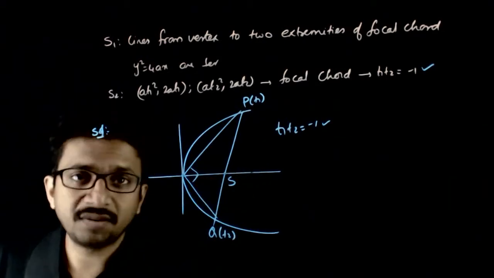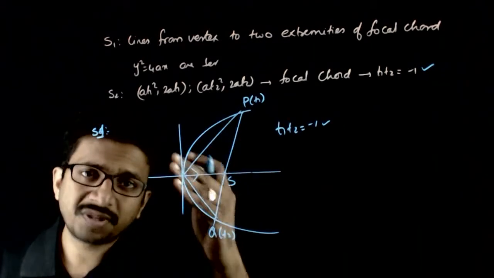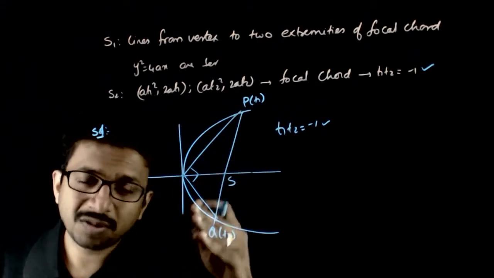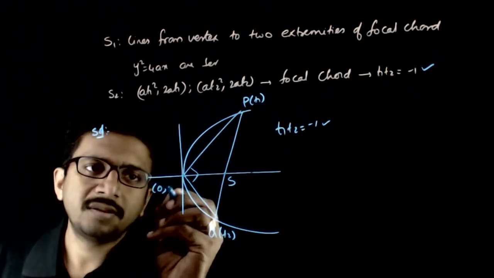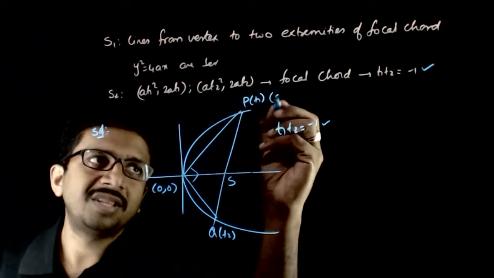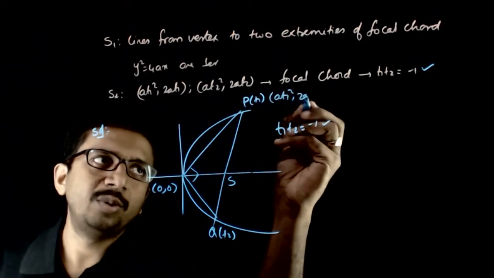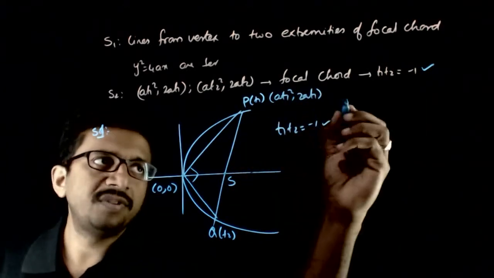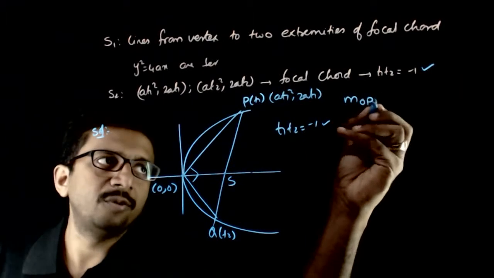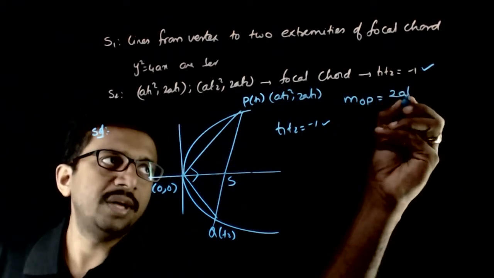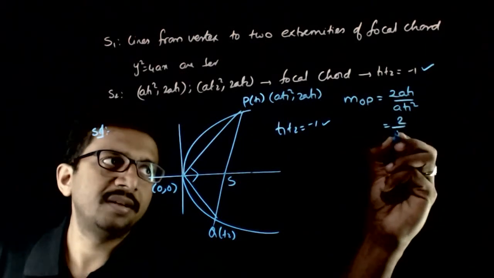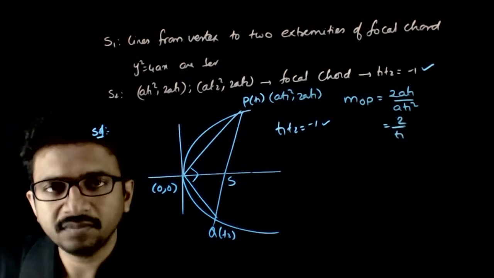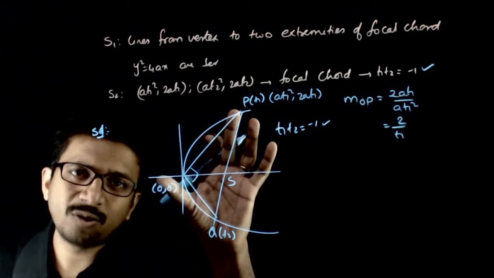If this angle is equal to 90 degrees, then the product of the slopes has to be equal to -1. If you join the vertex (0, 0) with (a t1 squared, 2a t1), the slope of OP is nothing but 2a t1 by a t1 squared, which is 2 by t1.